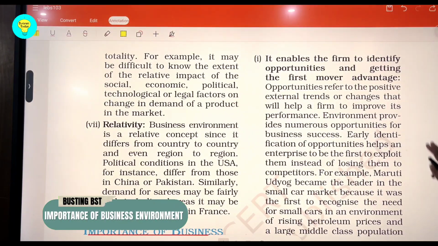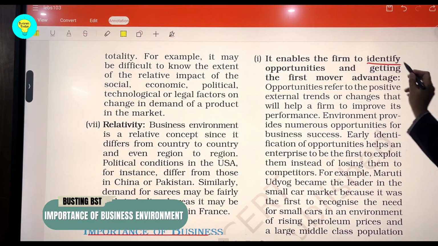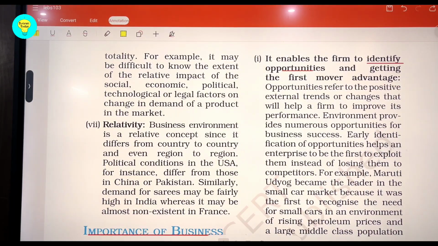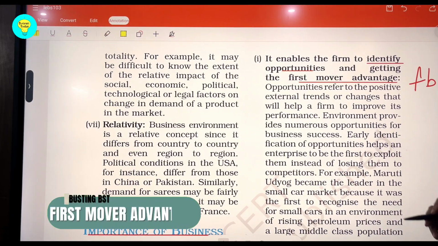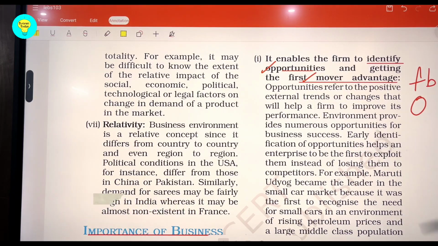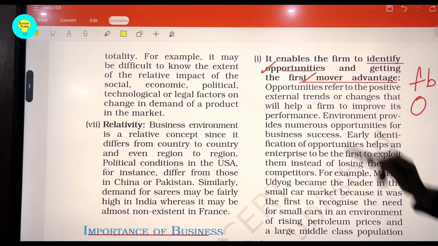Now you see, the first point is identifying the opportunities and getting the first mover advantage. As we talked about in the acronym, it is FB, you can remember like this, first mover benefit or advantage, and the next one, O, of OR we have taken. So it gives opportunities and first mover benefit to the organization, thereby improving their performance.